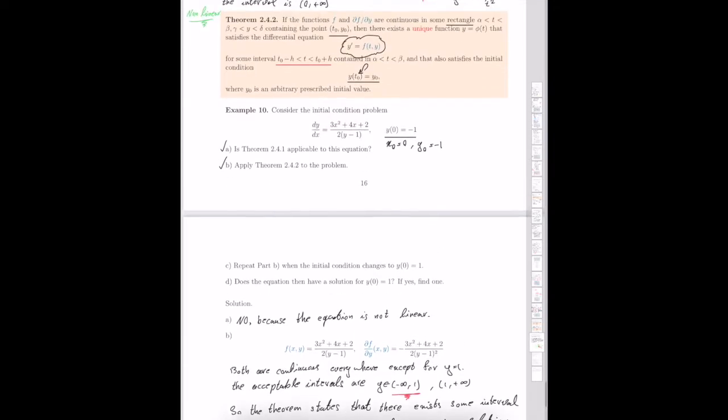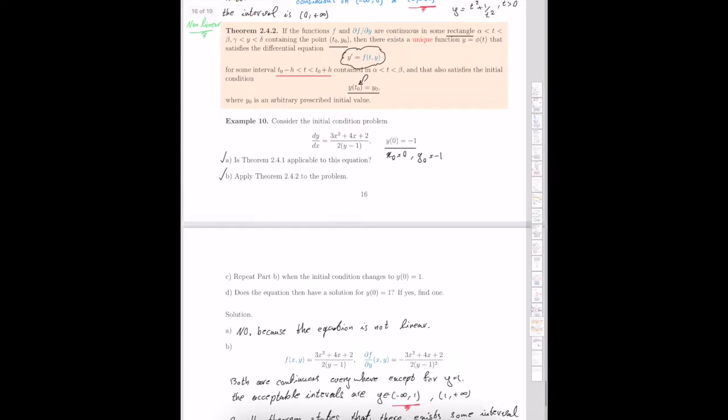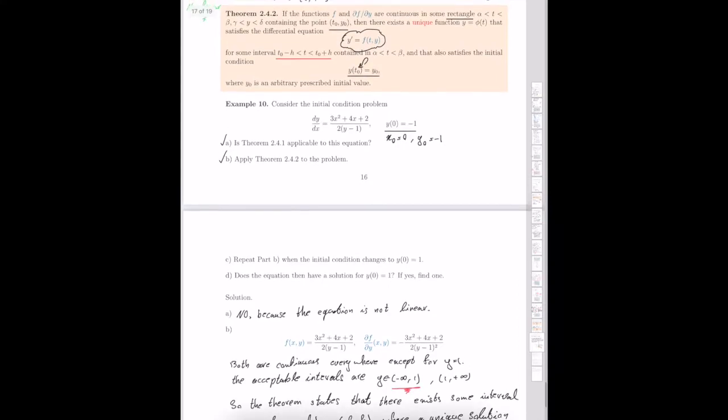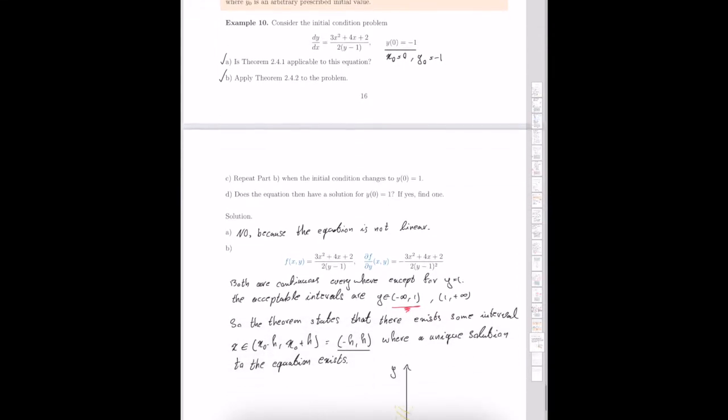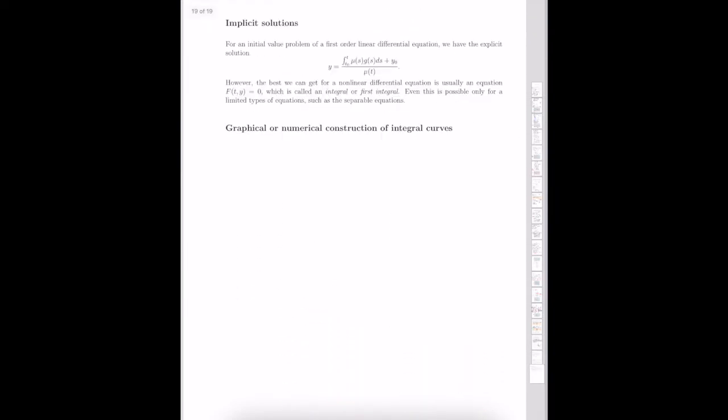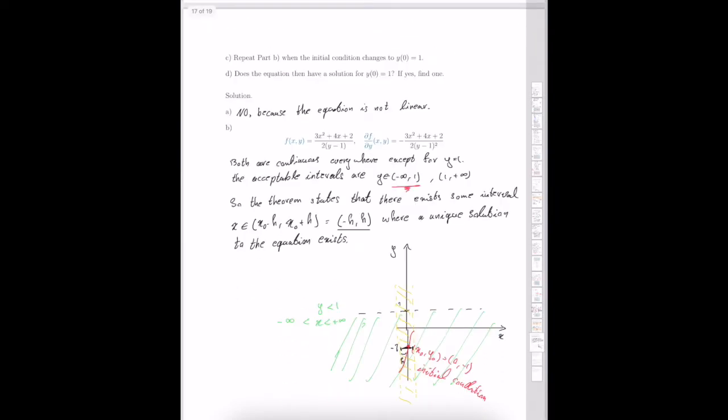So we cannot apply the theorem. It says they should be continuous in some rectangle, right? But they are not continuous in this case for any rectangle that covers this initial condition here.